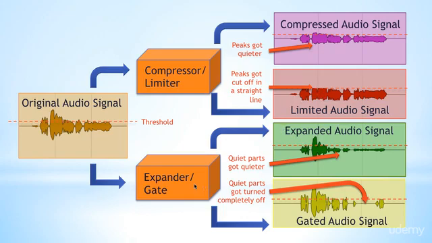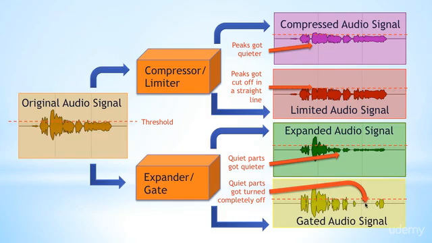Moving on down to the next family, we've got expanders. So the expander left everything above the threshold, and things below the threshold, it turned them down even more. So the quiet stuff got quieter. And if we move down here, the gate is like an extreme expander. Everything above the threshold stayed the same.